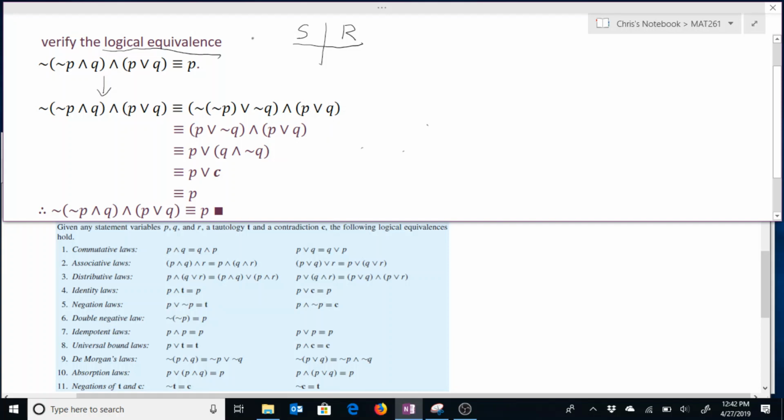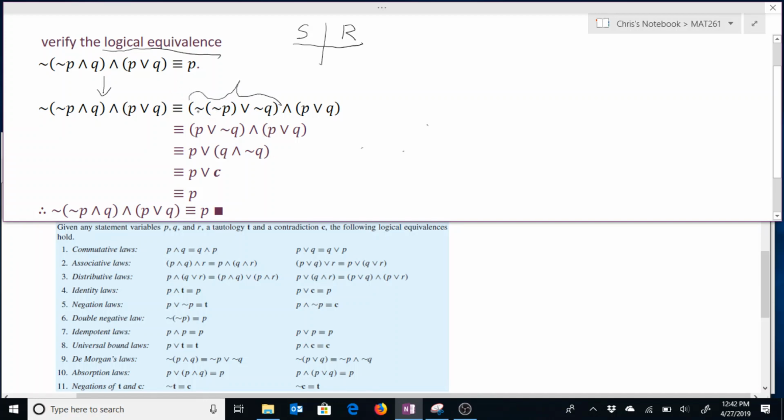And if we look down into our list here of different logical equivalences, the one that verifies this is all the way down here, De Morgan's law, where we kind of distribute the negation and change the operator inside of there, which is exactly what was done in this first portion of our statement, right?